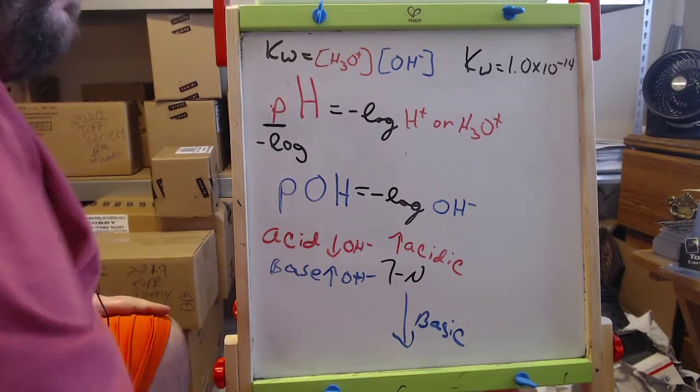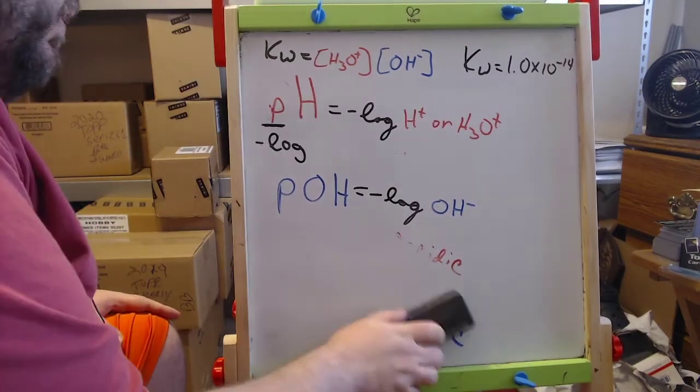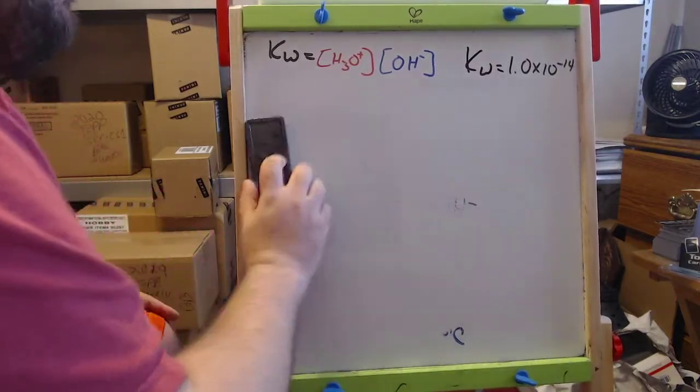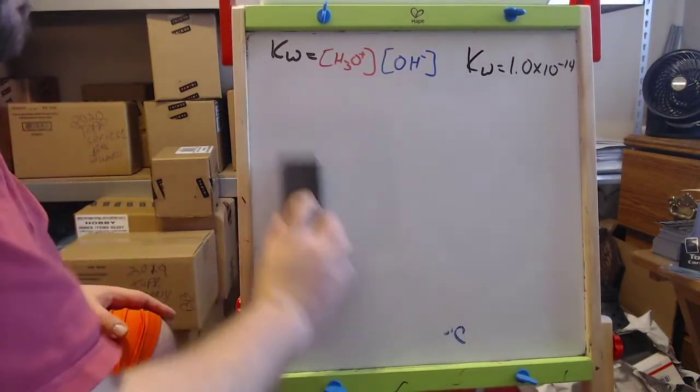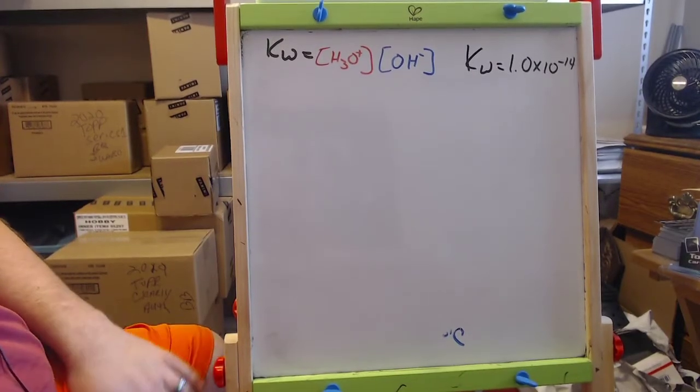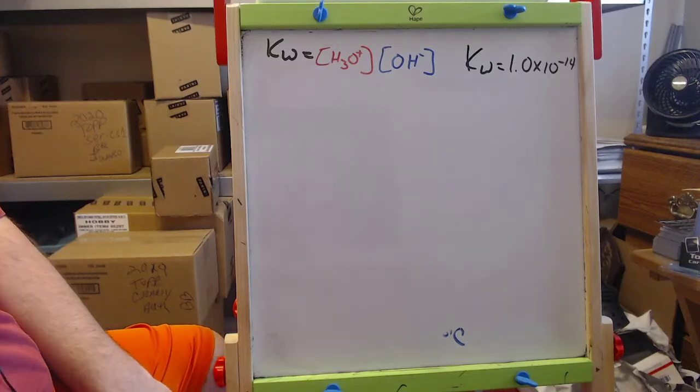So let's take a look at a problem. Now, in order to do these problems, it's important to distinguish: do I have a strong acid? Do I have a strong base? Do I have a weak acid? Do I have a weak base? Right now, we're going to deal with strong acids and strong bases.